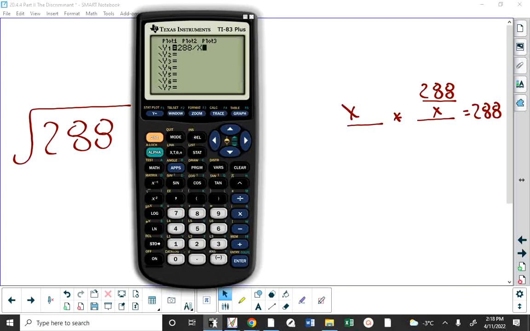Are you with me? If I set up my table now to start at 1 and go up by 1 automatically, then it's going to use x equals 1, and it will take 288 divided by 1, and it will show me those two numbers. It's going to take x equals 2, divide 288 by 2 and show me those numbers. So I go to my table, here are pairs of numbers that multiply to give 288.